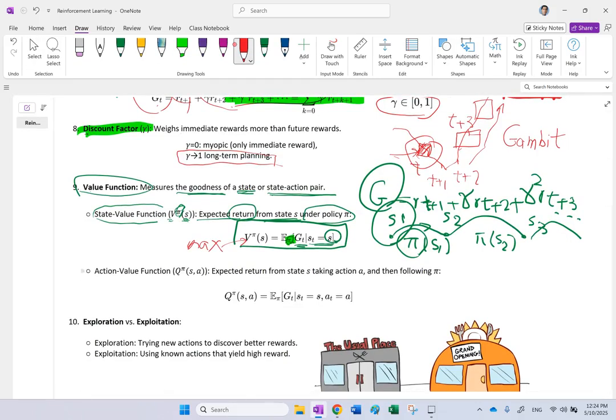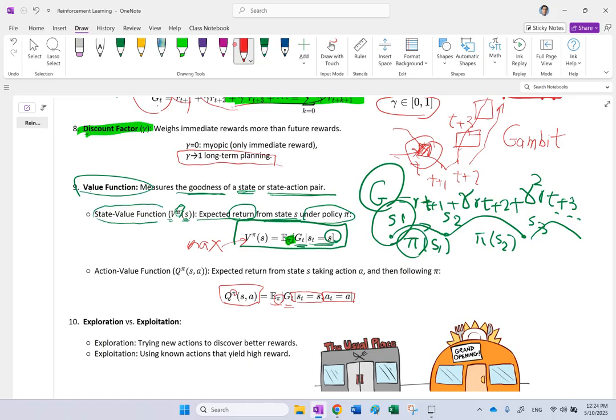This is when you want to look at the expected value of the return, given that initially you were in state S, you picked action A and you are following pi, then you call it Q pi of S and A. And again, you can basically maximize this one.